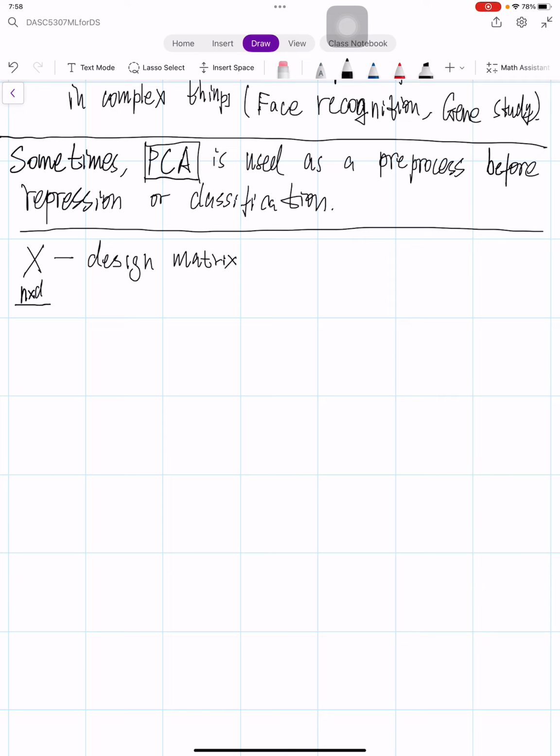The sample size is n, and we have d features. This is not regression, so there is no unit column at the end.